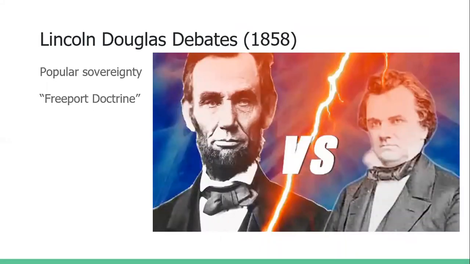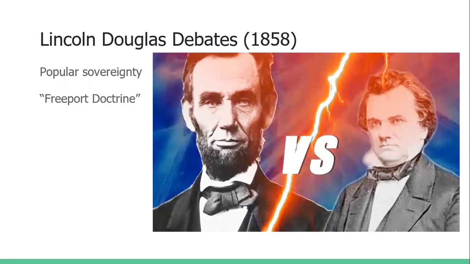All right, so 1858. Abraham Lincoln becomes nationally known during this year. And it is dealing with the idea of popular sovereignty, because we're going to see these Lincoln-Douglas debates where he is running for a seat in the Congress, and he's debating against another congressman.